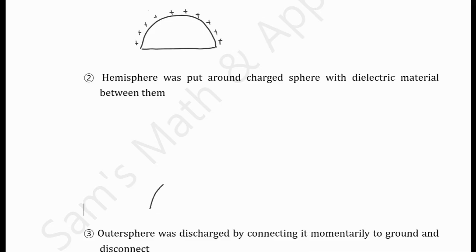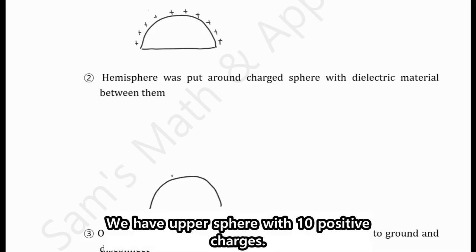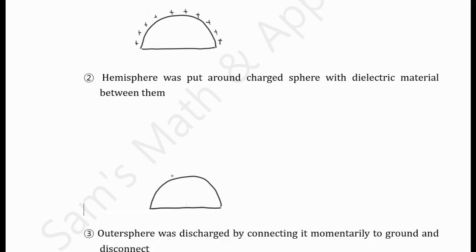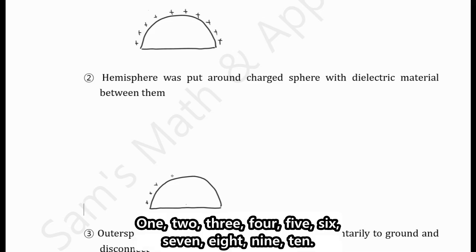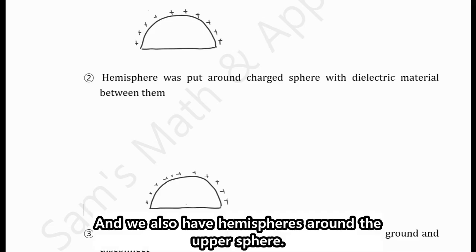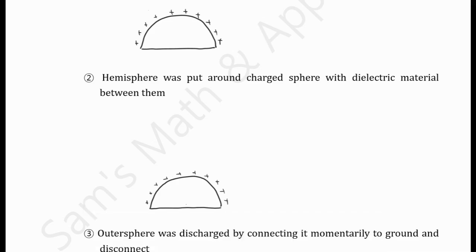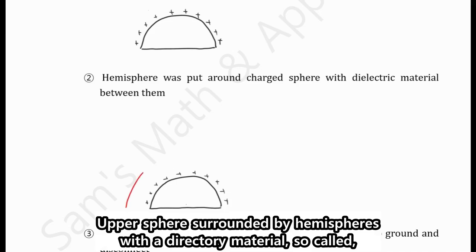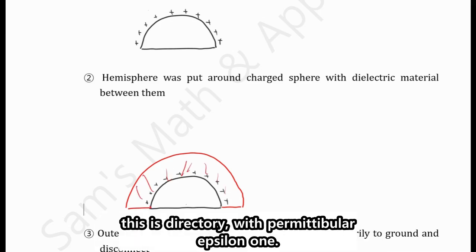We have the inner sphere with 10 positive charges, 1, 2, 3, 4, 5, 6, 7, 8, 9, 10, surrounded by a hemisphere with a dielectric material with permittivity epsilon 1.